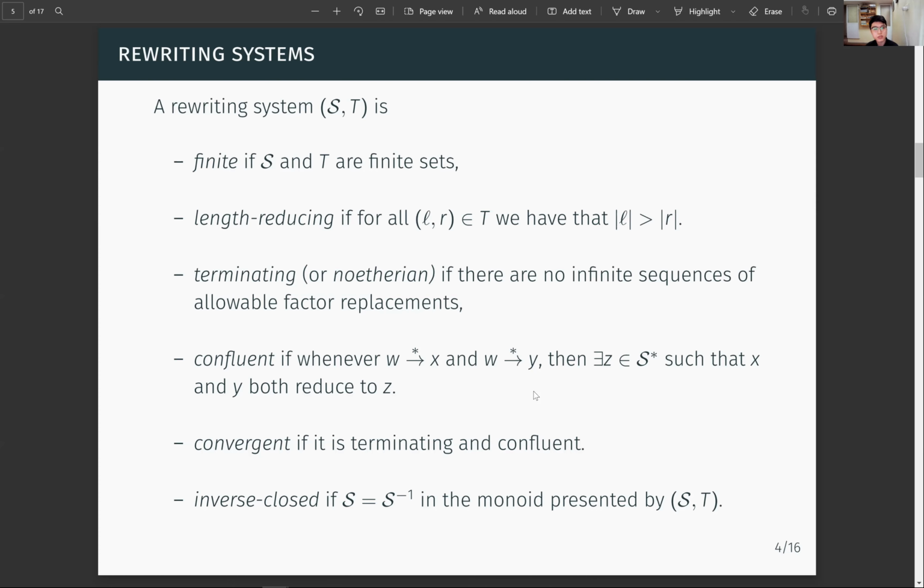It is confluent if whenever W reduces to X and W reduces to Y, then there exists another word Z such that X and Y both reduce to Z. And the rewriting system is convergent if it is terminating and confluent. And our rewriting system is inverse closed if every element in the alphabet, monoid, has an inverse.